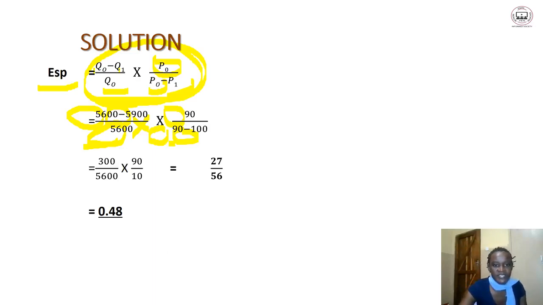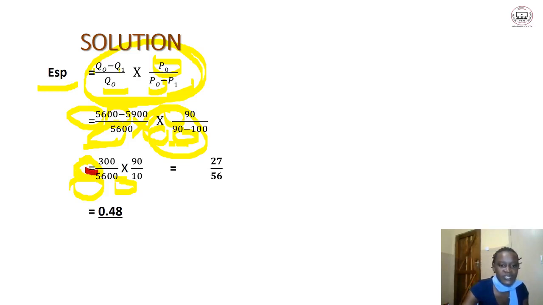If we subtract on the left hand equation, we are going to find on top 300, that is 5,600 minus 5,900, that's negative 300. But remember, we neglect the negative sign. Divided by 5,600 times 90. Down there, if we subtract 90 minus 100, we're going to find 10, still neglecting the negative sign. So we can do the cancellations here.